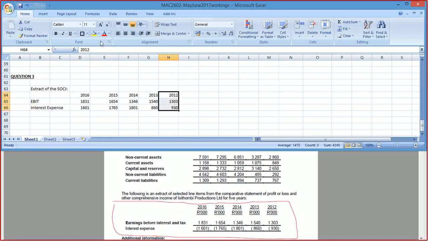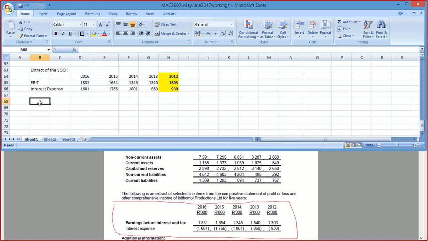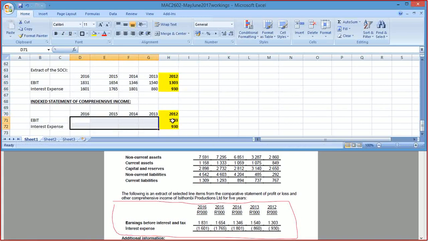So common size statements, meaning you have to use that as your base. Then I need to write down index statement of comprehensive income. I'm going to literally copy paste that, except I'm going to make this 100 and this 100. So 13's formula will be this amount, that was 13th EBIT.